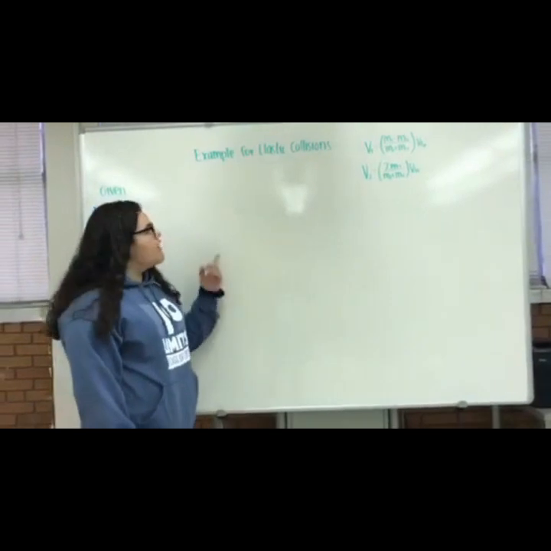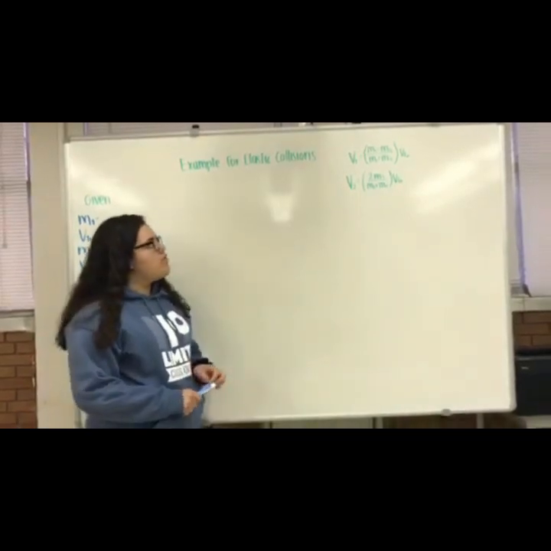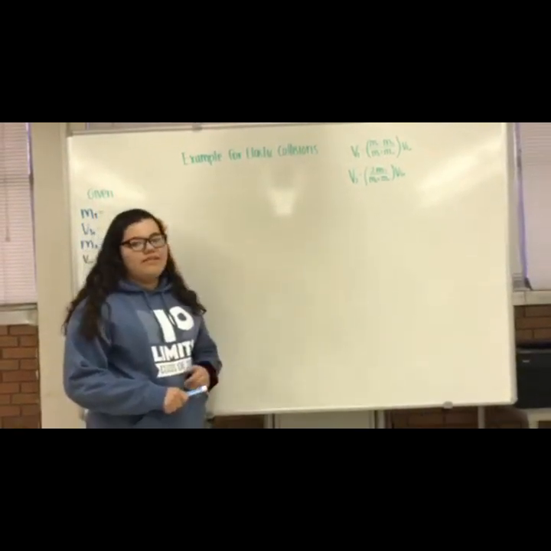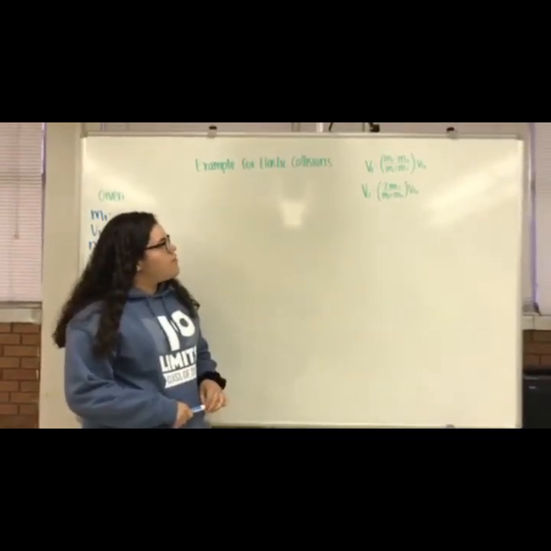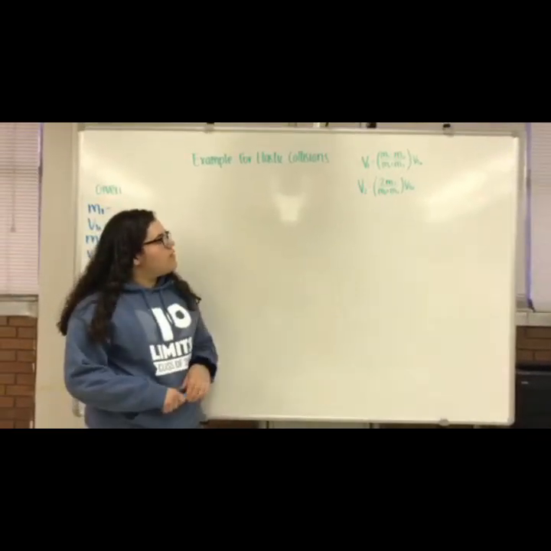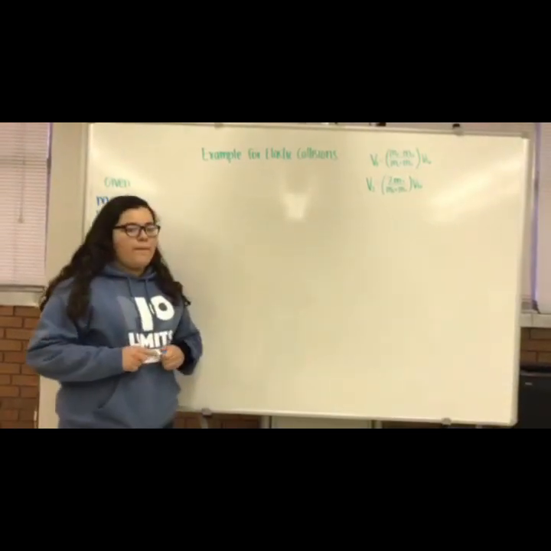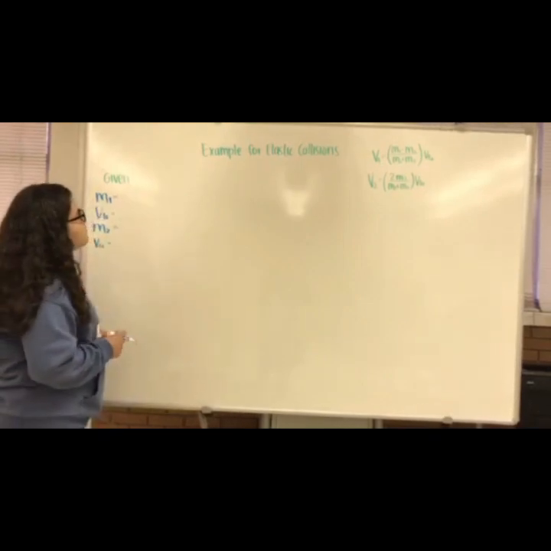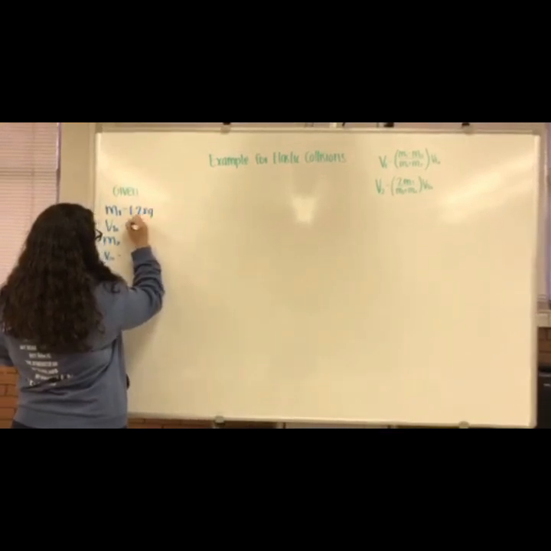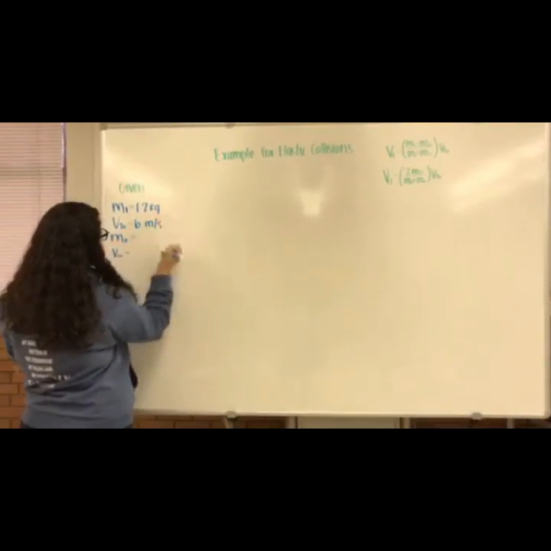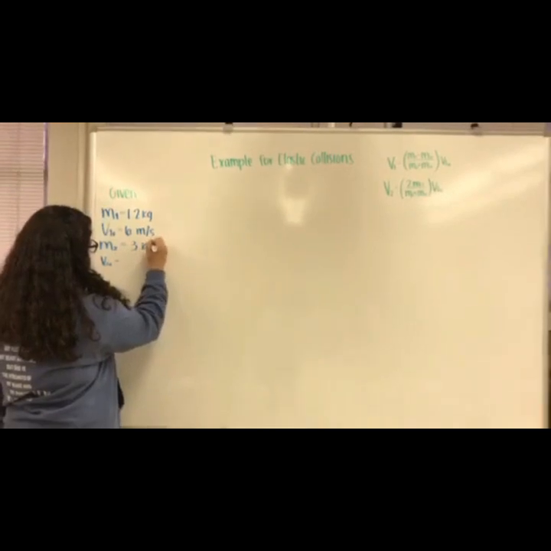Now we're going to show you an example for an elastic collision. For the elastic collision, we have two formulas to find v1 and v2. For v1, we use m1 minus m2 over m1 plus m2 times v1 naught. For v2, we use 2 m1 over m1 plus m2, all of that times v1 naught. The example says a 1.2 kilogram object with a speed of 6 meters per second in the positive x direction has a head-on elastic collision with a stationary object of 3 kilograms that is also located at x equals 0.